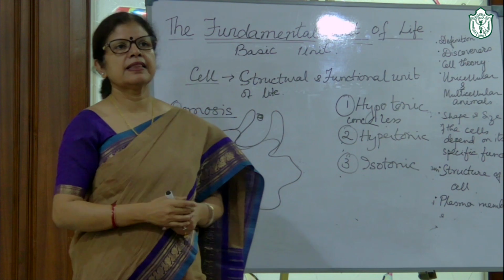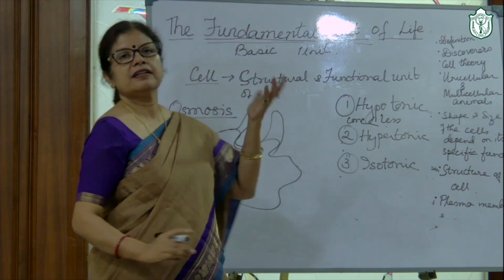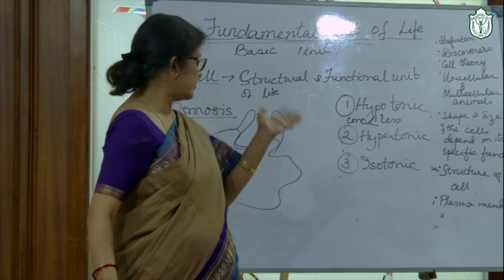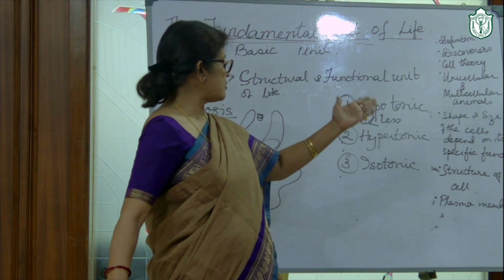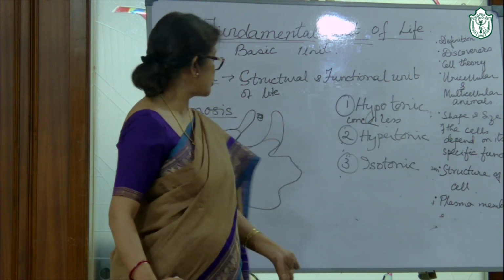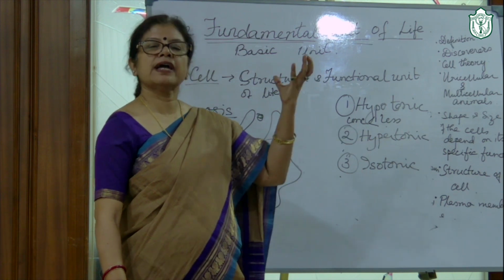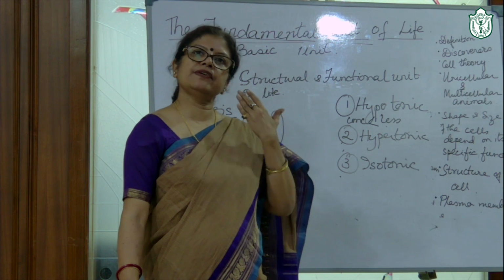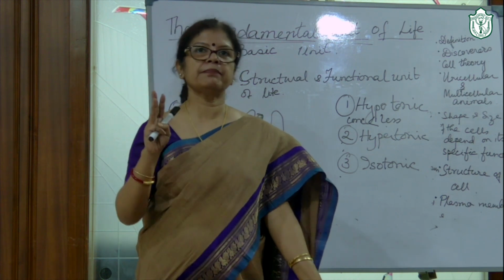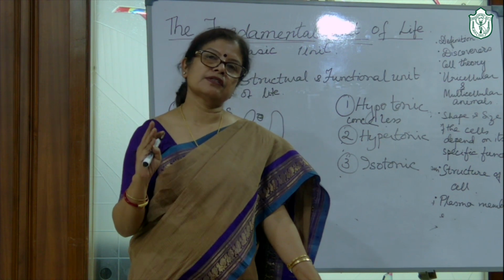Okay, children, we have discussed the cell, the discoverer of cell theory, and who discovered the cell first. The shape and size of the cell depend on its specific function and the structure of the cell. Mainly, we have discussed the plasma membrane and the transportation of materials through the plasma membrane by three methods: osmosis, diffusion, and endocytosis.